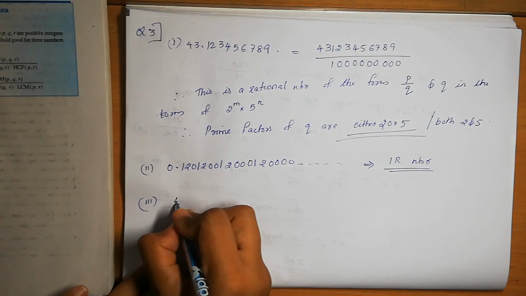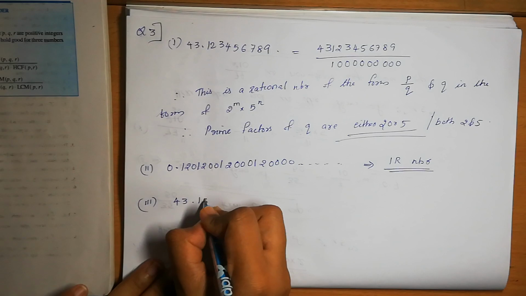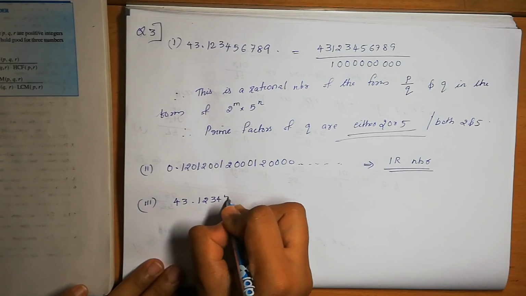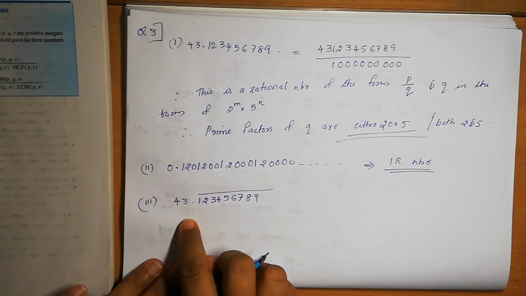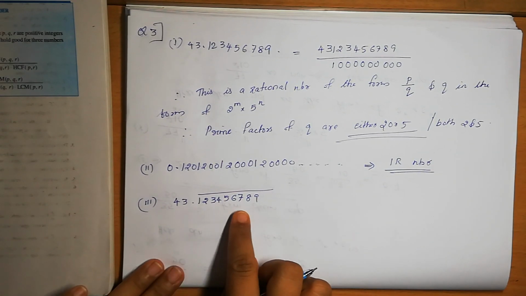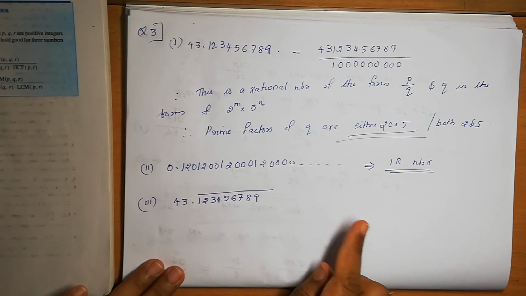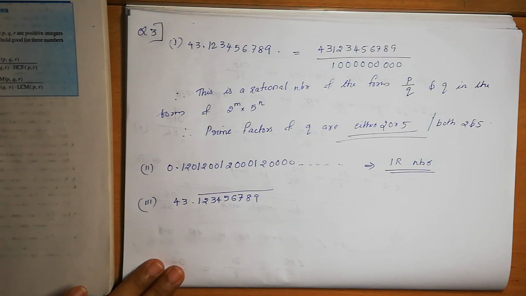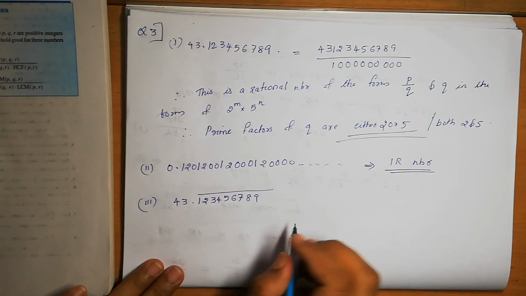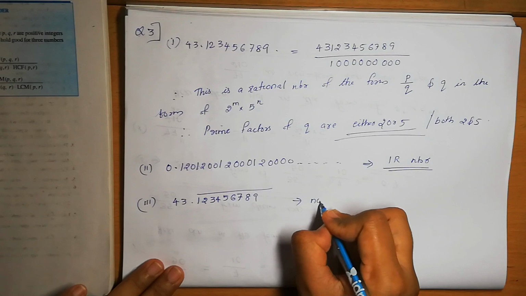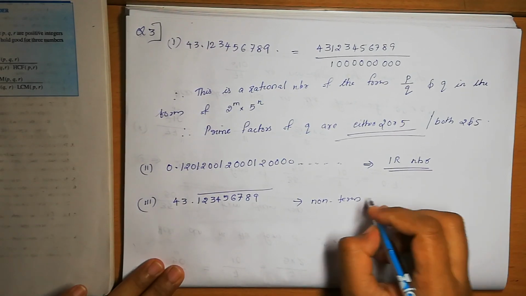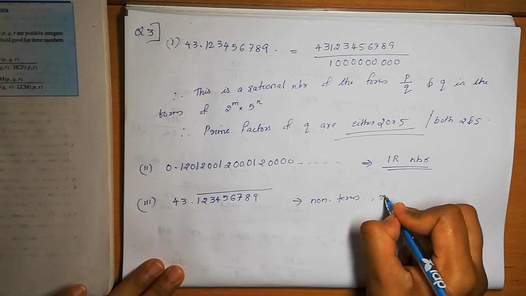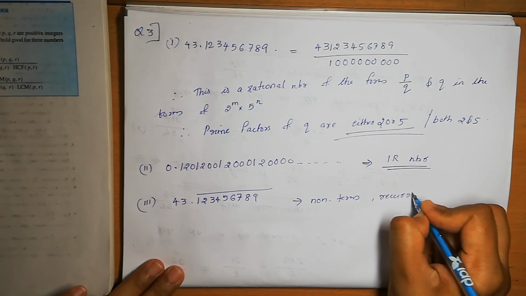Third one. 43.123456789 bar. That means 43.123456789, again 123456789, it is repeating. So this is what kind of number? Non-terminating recurring number.